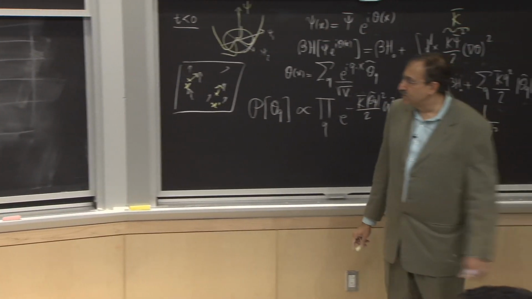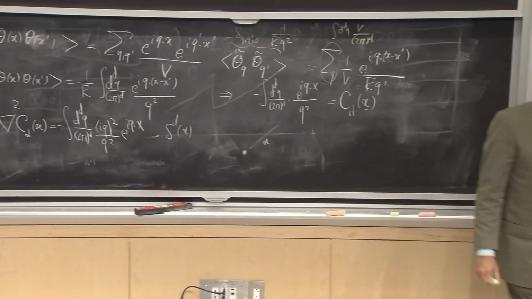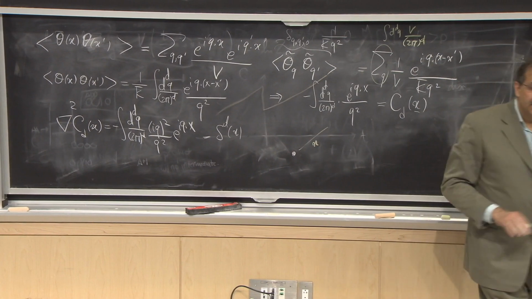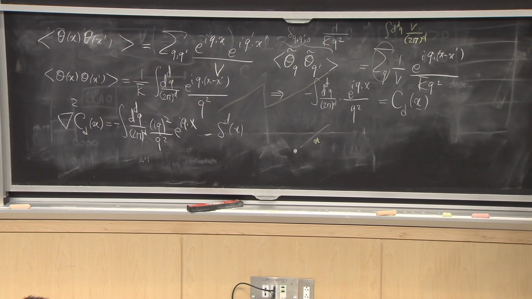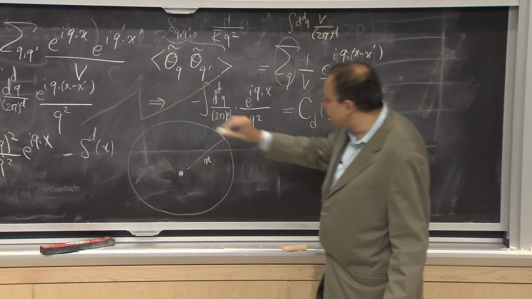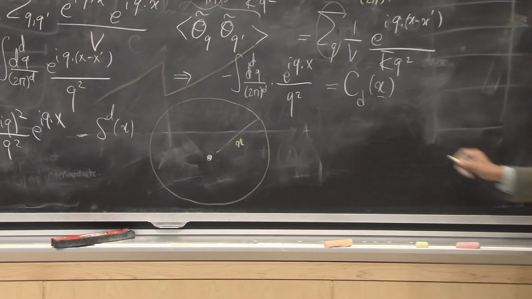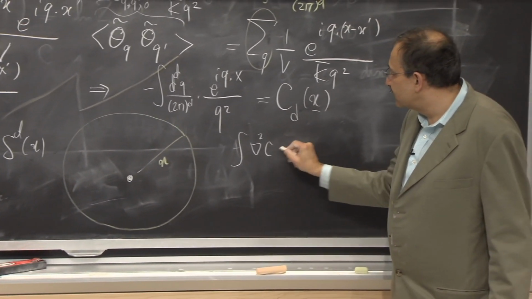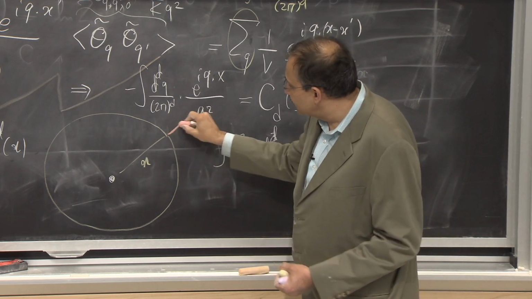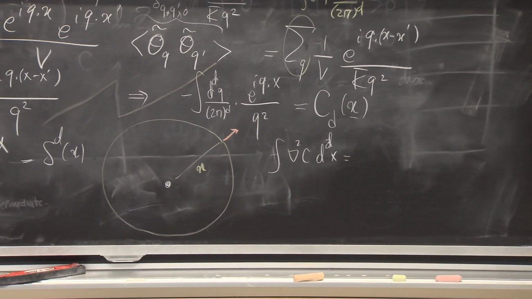So again, for those who have forgotten this or not seen it, let's calculate it explicitly using Gauss's theorem. The potential due to a unit charge is going to be spherically symmetric. So it's only a function of the magnitude of x. It doesn't depend on the orientation. And Gauss's law states that the integral of Laplacian over a volume is the same as the integral of the analog of the electric field, which is the gradient, over the surface.